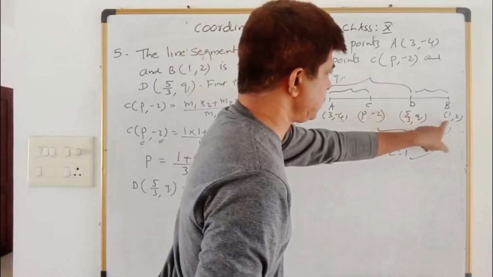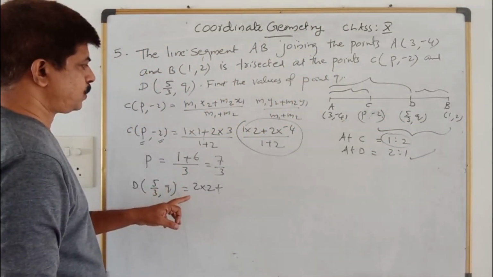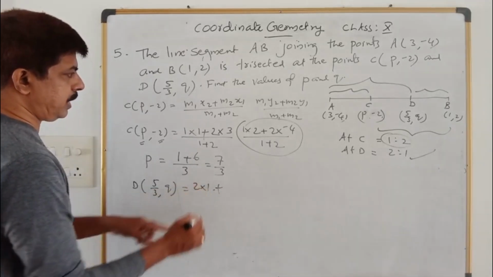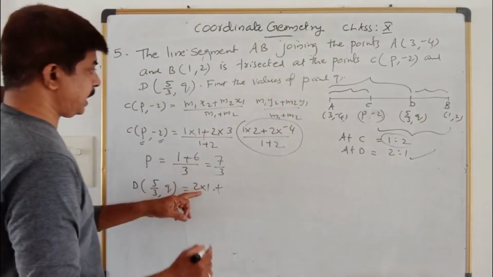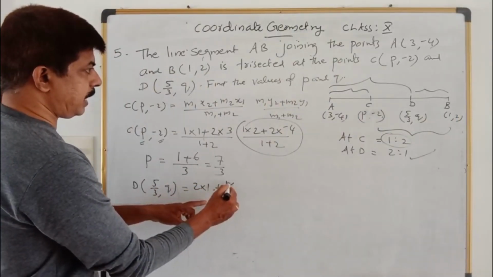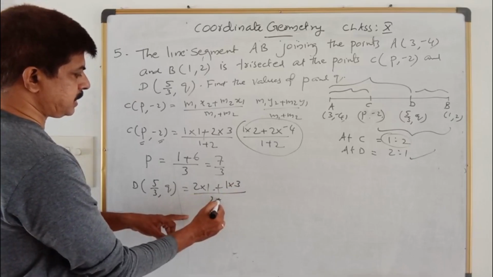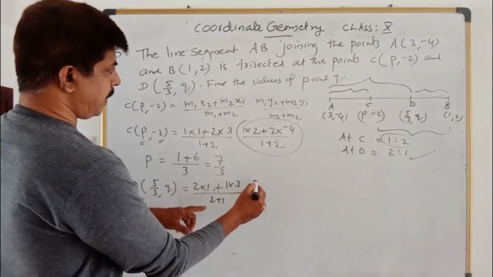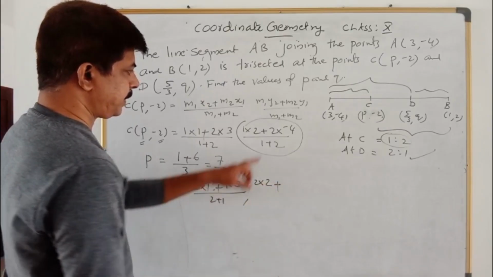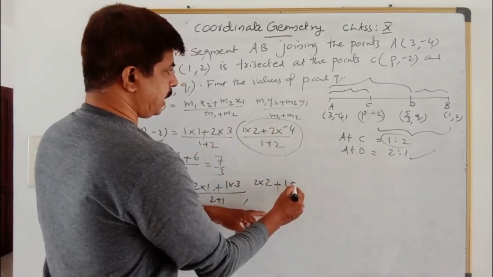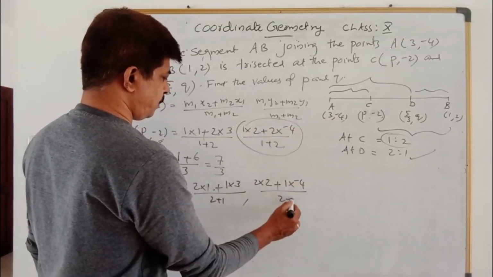This is x1 y1, this is x2 y2. m1 x2 plus m2 x1, 1 into x1 3, divided by m1 plus m2, comma, m1 y2, 2 into y2 2 plus m2, 1 into y1 negative 4, by 2 plus 1.